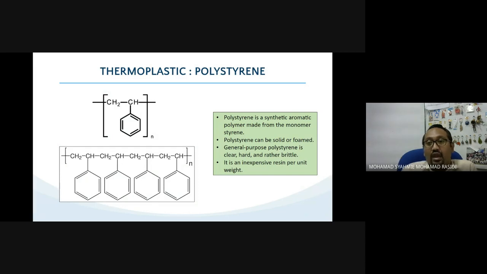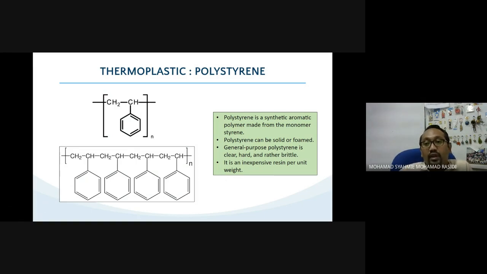Polystyrene is a synthetic aromatic polymer made from the monomer styrene. So this is called polystyrene because the repeating unit styrene is repeated many times, and it creates a long chain. This is why we call it a polymer.